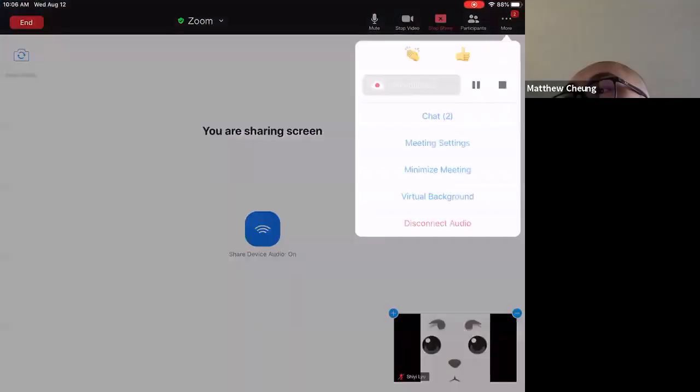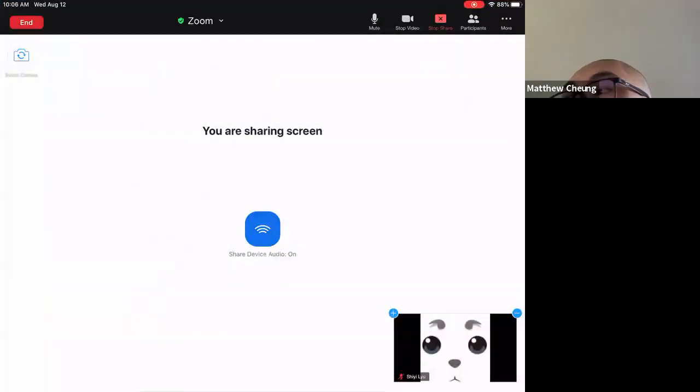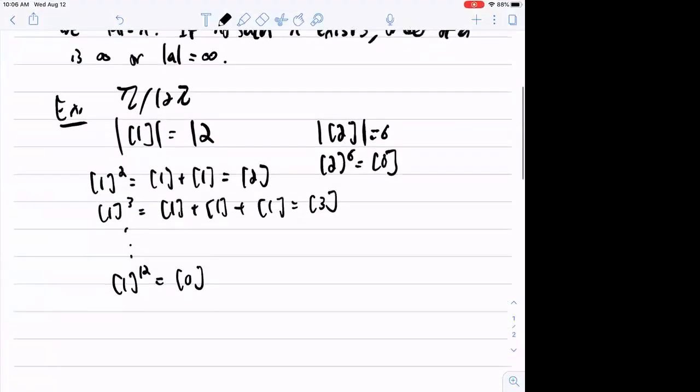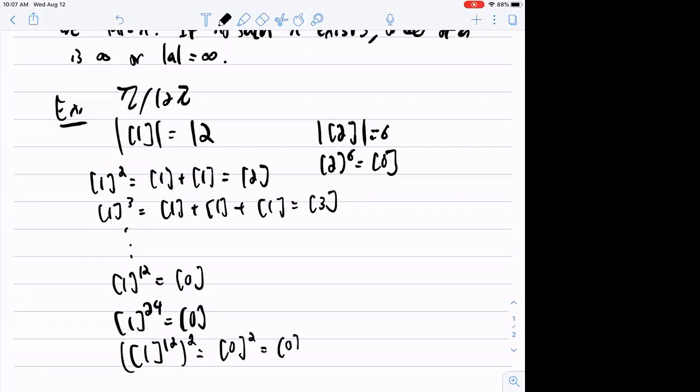Everyone clear? Note that you see from here, like 1 to the 24 is also 0, right? Because it's 1 to the 12, squared, which is 0 squared, which is 0.